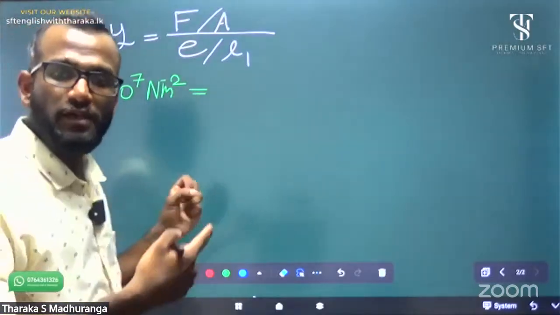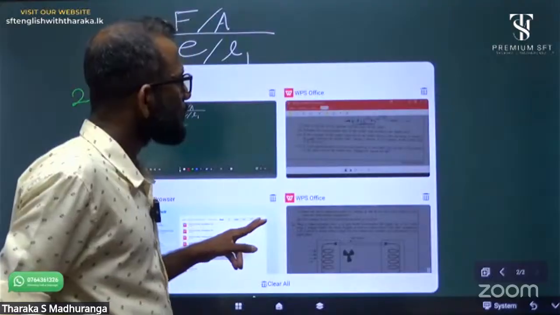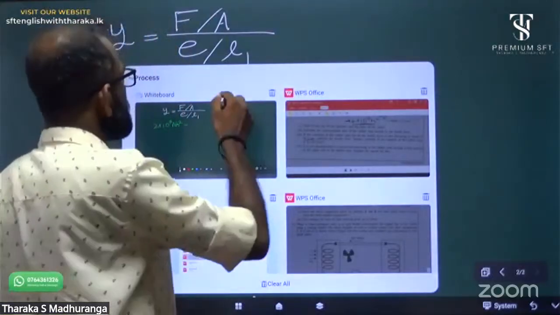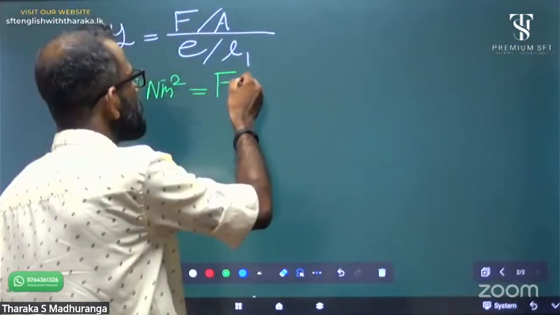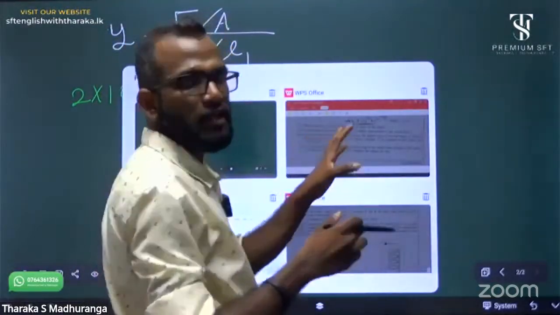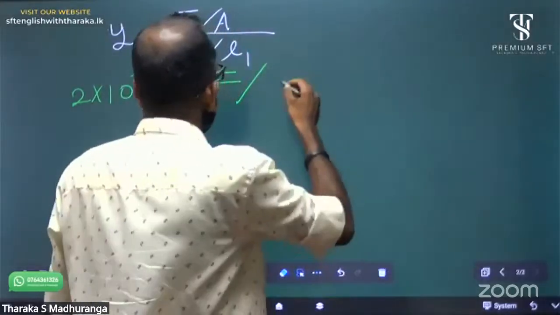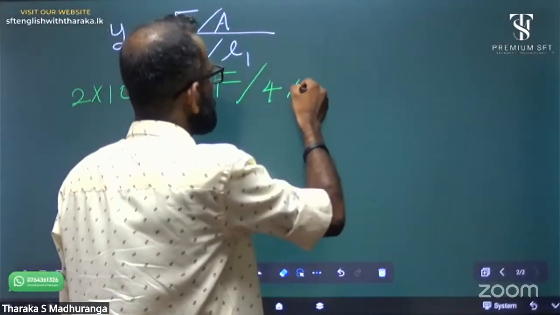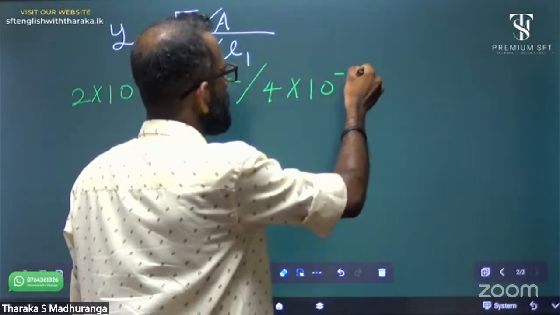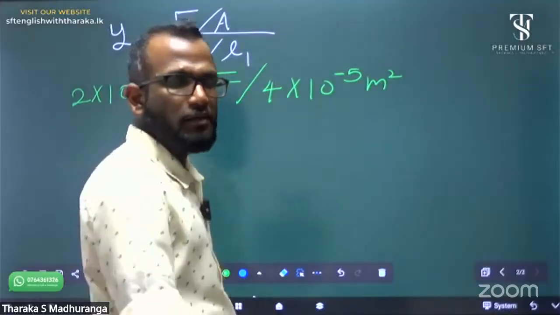What is the force? Tensile force is what is asked. What's the cross section area? Cross section area is 4 into 10 to the power minus 5, which you already got, square meter.